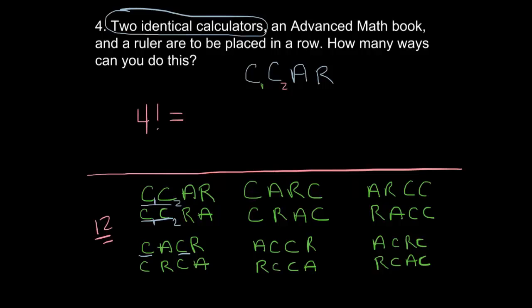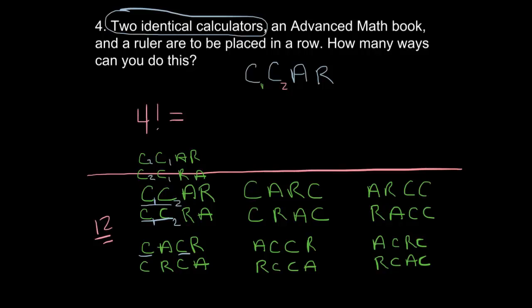But I also would have had to have listed these ones too. So I'll list them above here. I would have also had to have listed the ones with calculator 2 first and calculator 1 second. I didn't list those because calculators are the same.